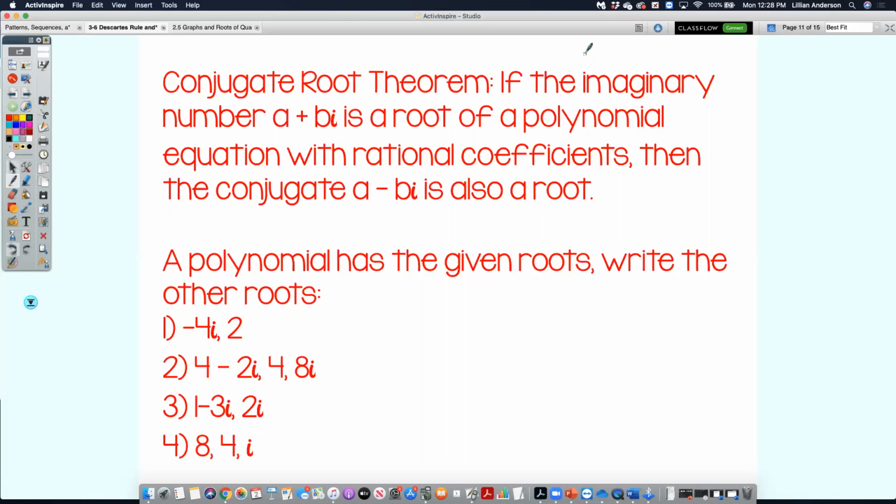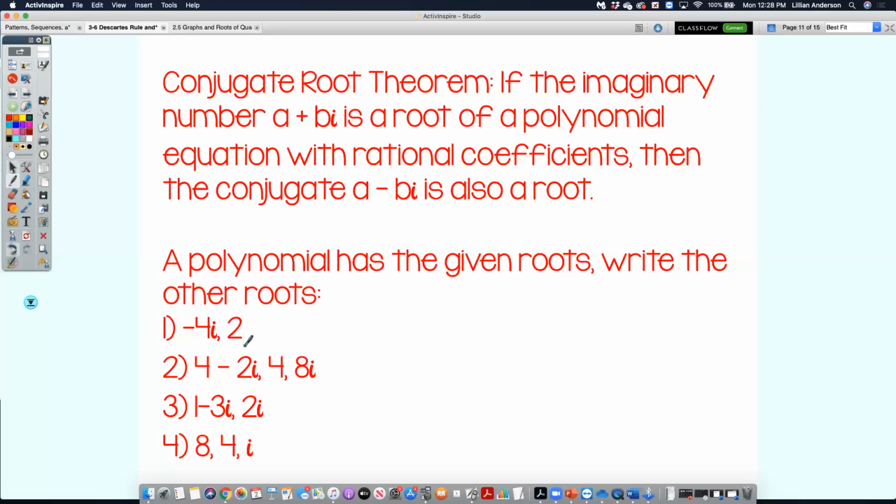So if a polynomial has the following given roots of negative 4i and 2, this is not a polynomial that has a degree of 2. It's actually a polynomial that has a degree of 3, because there's one more 0 that's there, it's just not written down. What's that other 0? It would be 4i.